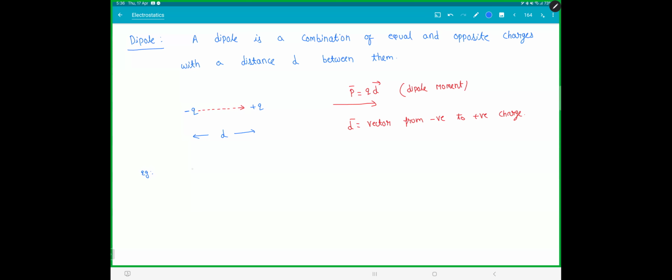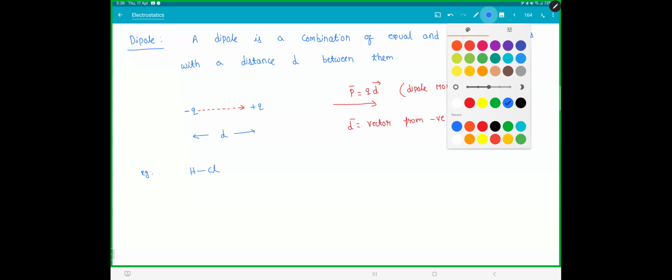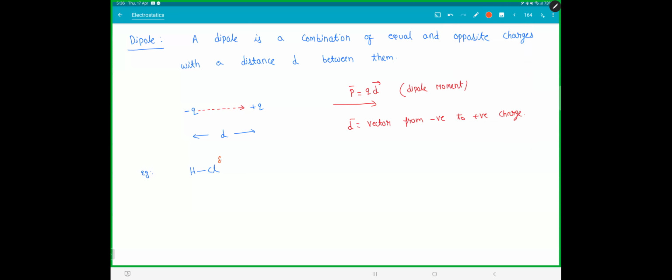Example, if you take an HCl molecule, we know the chlorine is more electronegative, so it will be slightly negative and this will be slightly positive. So this will be a dipole. When you talk about hydrogen bonding, that also is nothing but a dipole, isn't it?